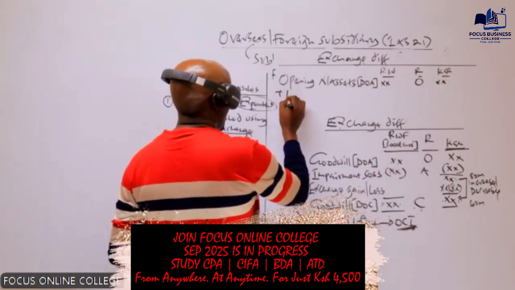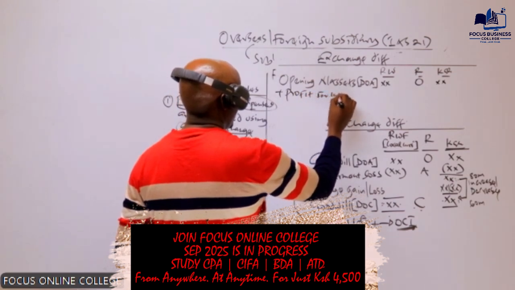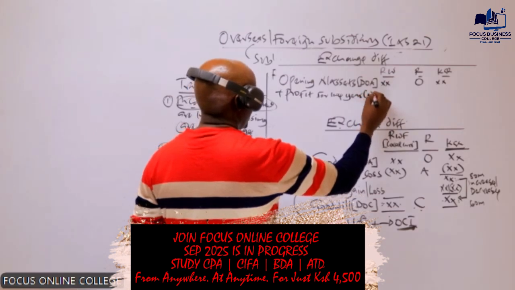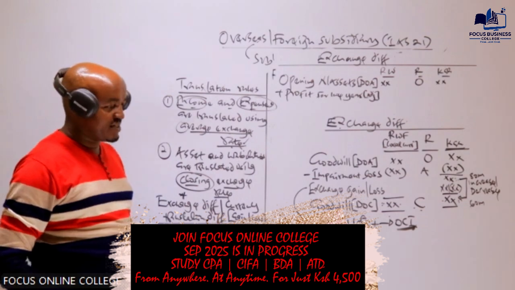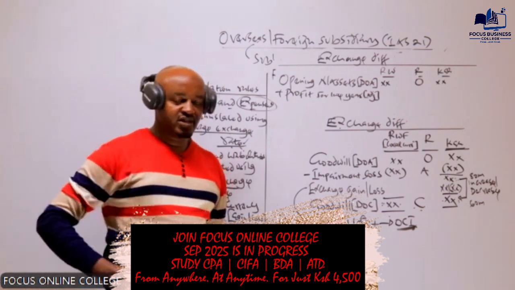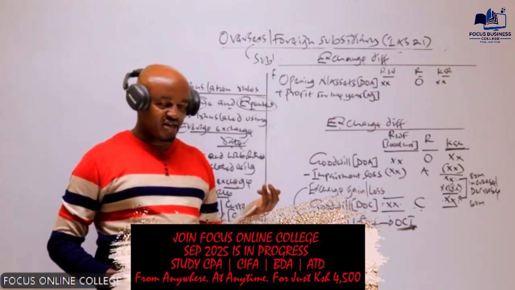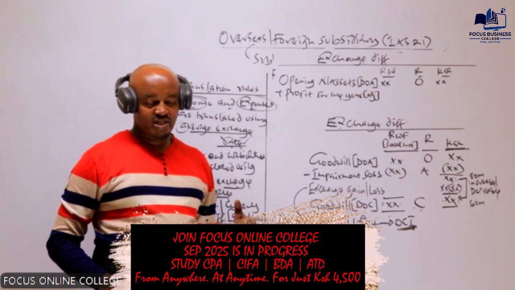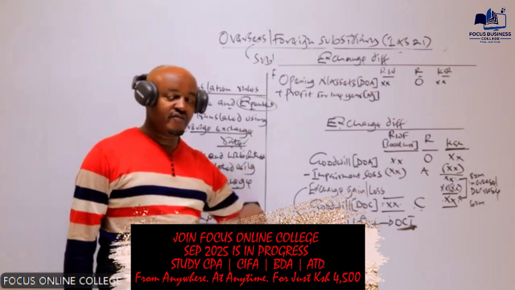And then to this, you add the profit for the year. And remember, this is the profit for the year for the subsidiary. In case there is some adjustment which should be affected in the income statement of the subsidiary, like a depreciation, other charge, maybe something like amortization, which was not accounted for by the foreign subsidiary as a result of fair value adjustment.